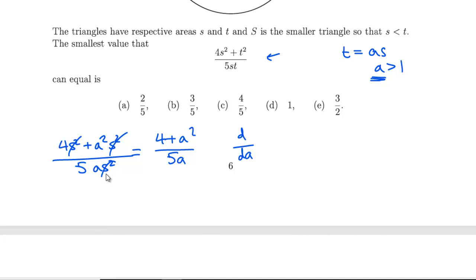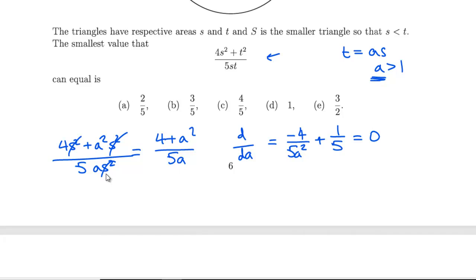So split this into two fractions. The 4 over 5a is going to go to minus 4 over 5a squared. And then we've got a over 5, so just plus a fifth. So we've got that, which we want to equal 0. And if we differentiated that again, then we're going to get a positive value, so that is going to give us a minimum.